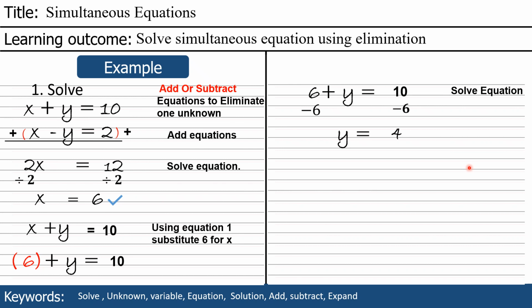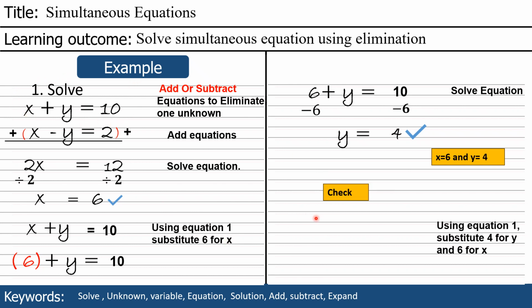Solution meaning our x and y values. Now it's always good practice to check your answer. So let's do a quick check using equation 1. Let's write equation 1. And now we will replace our x with 6 and our y with 4.